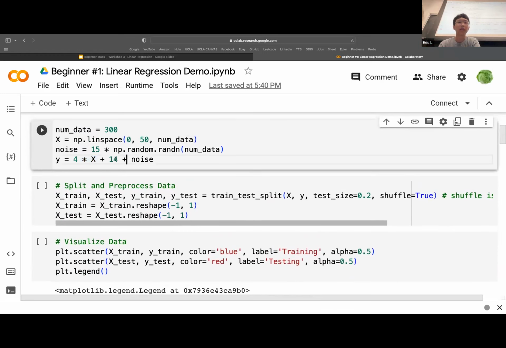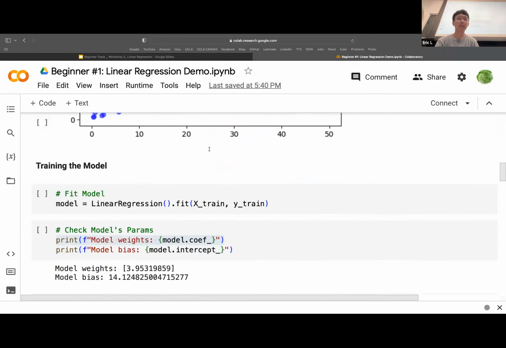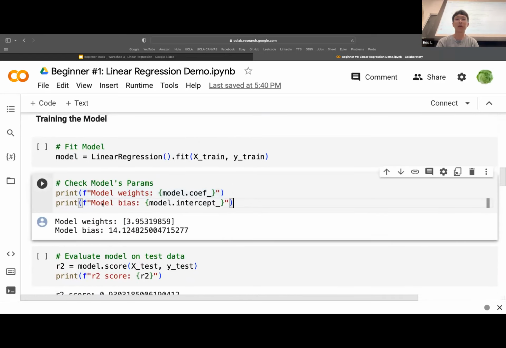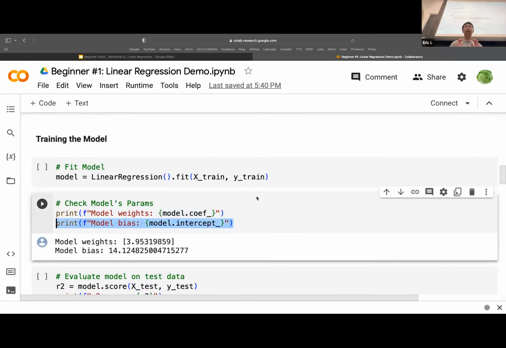And then what about this plus 14 here? Regardless of how much we multiply our X by, it could be by 100 or whatever, we still add that 14 to our data set. Where is that accounted for? Well, if we take a look at our model down here, it is projected within our bias. So every time we input something into our model, we always add a very consistent value of 14 to it. What the bias checks for is if our model outputs a very inconsistent error within our data.